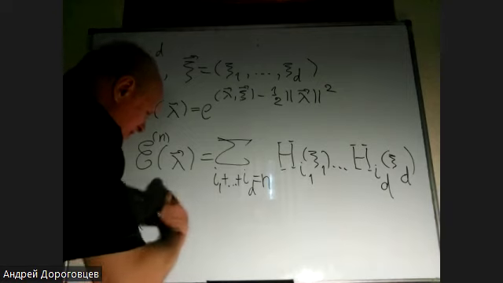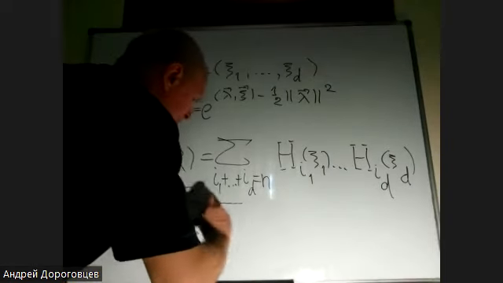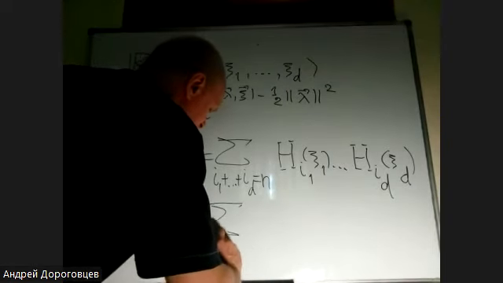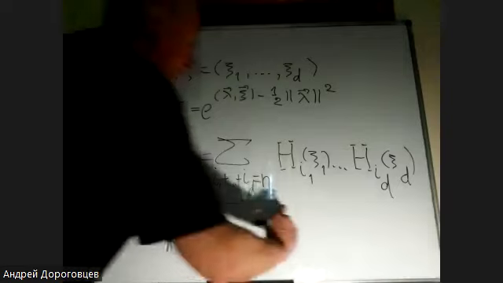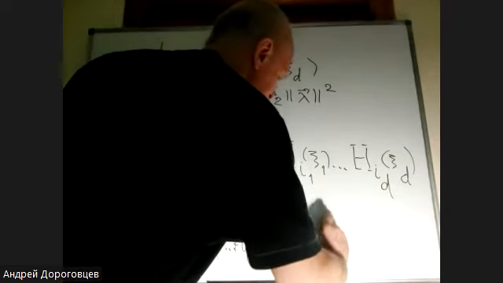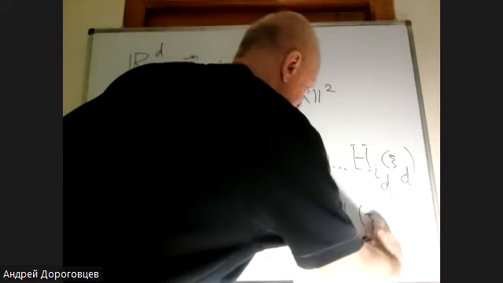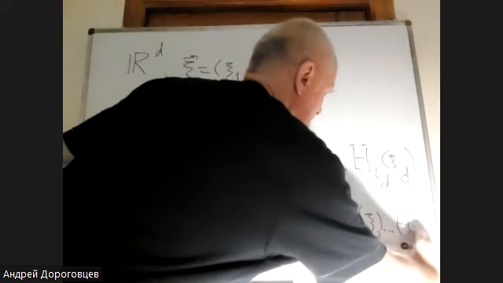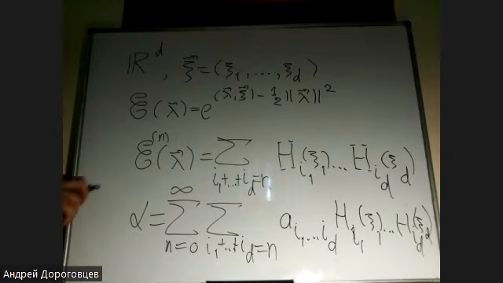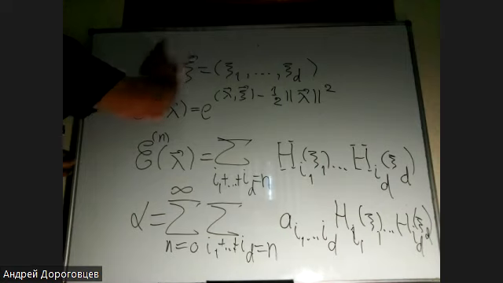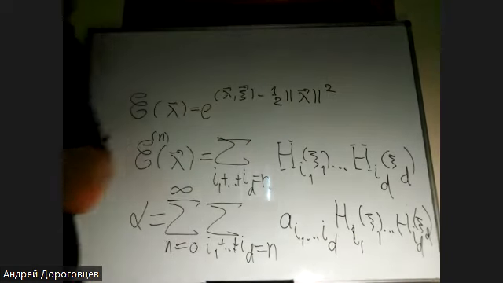As we have seen, it must have expansion of this kind, H d psi d, and now we can introduce Fourier linear transform exactly as we did it in one-dimensional case.